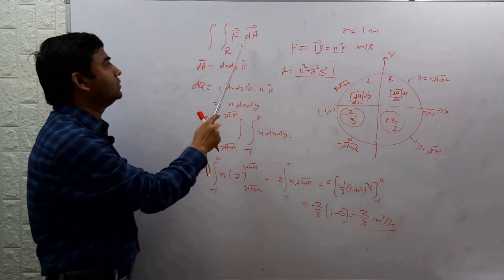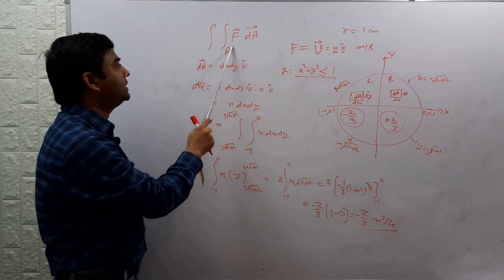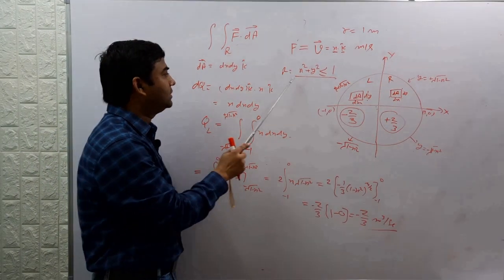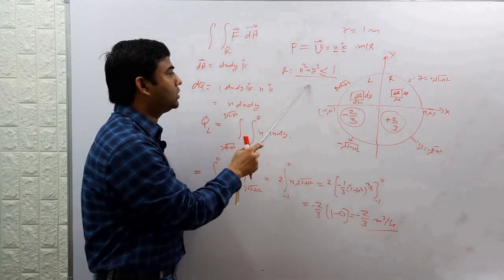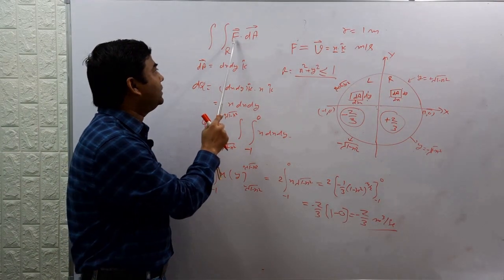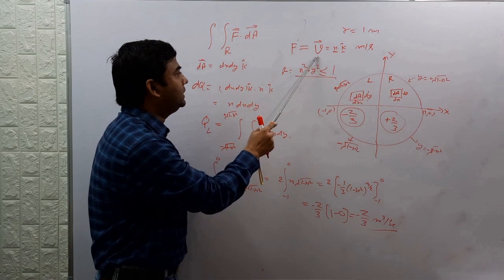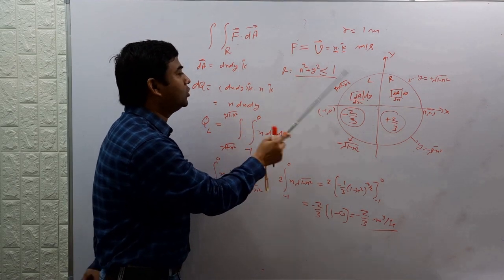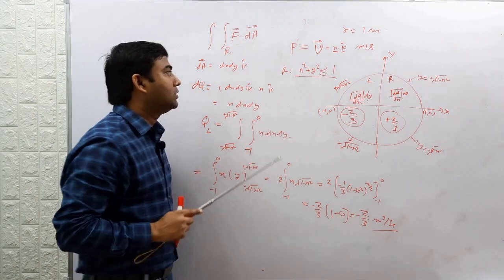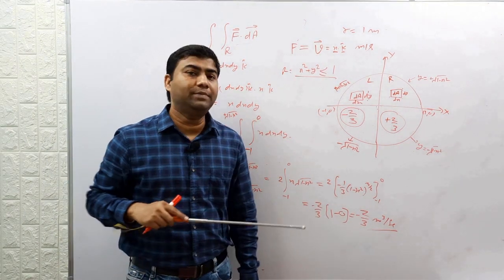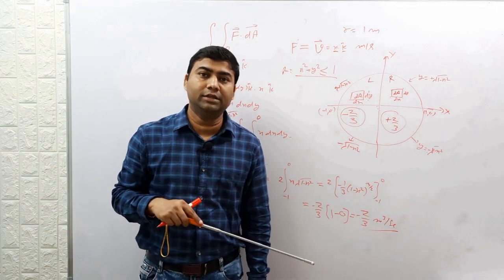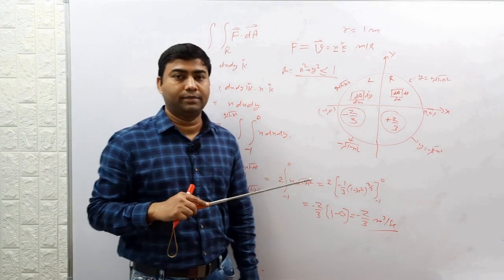We need two quantities: the equation of the region, which is given by x square plus y square less than or equal to 1, and the equation of the field, which is v. Here the field is the velocity vector, distributed field x k. With these two parameters we can find flux either by single integration or by double integration.